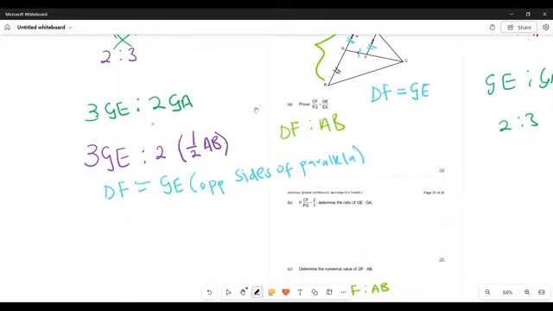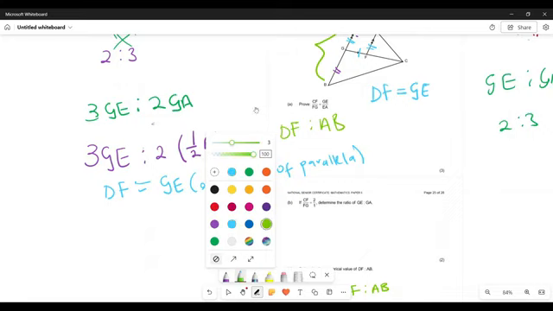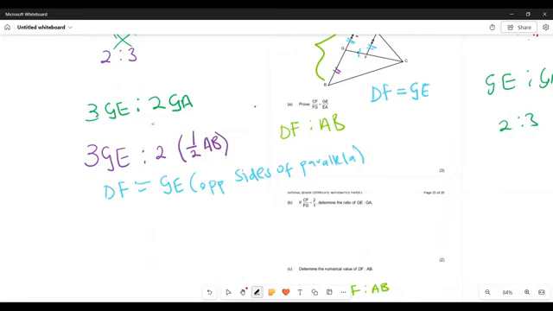So right now I'm trying to determine my AB. Let me just substitute these values here. So I can write this as 3 DF is to 2 multiplied by a half AB.